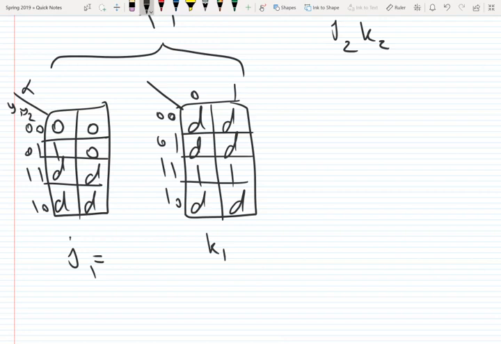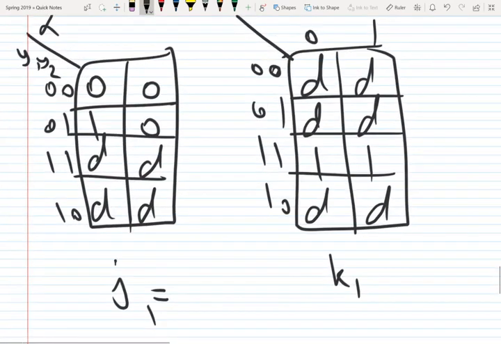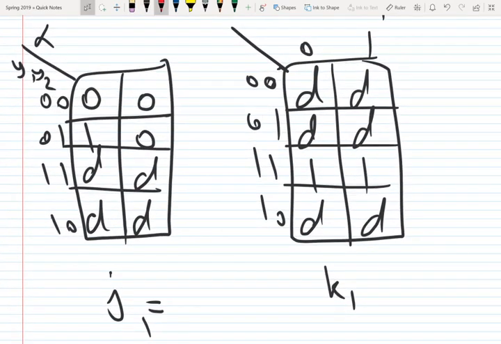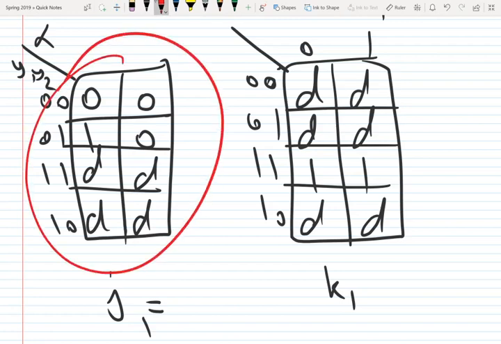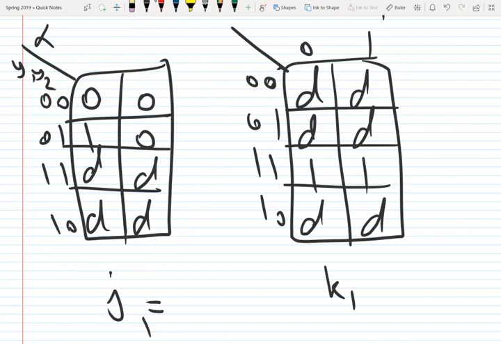Let's consider this table as a K-map. We need to find a function. Which cells should we group? If we look at this one, there is no point in grouping these together because there are D's.